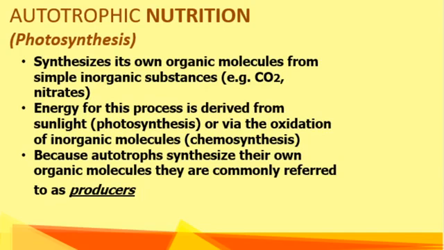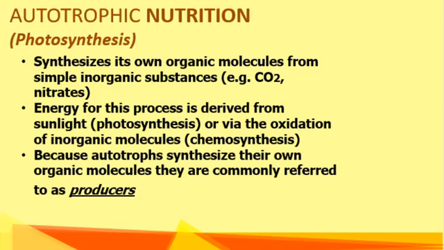One involved process here is photosynthesis, and this was discussed when we had our General Biology 1. Can you still remember it? For photosynthesis, different plants synthesize their own organic molecules from simple inorganic substances like carbon dioxide and nitrates.